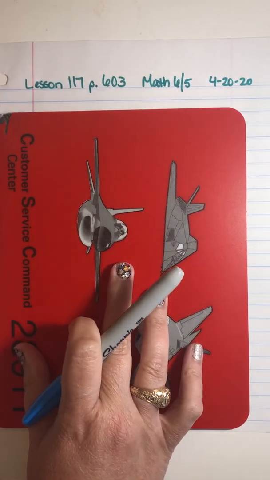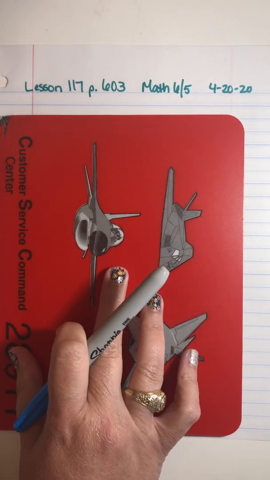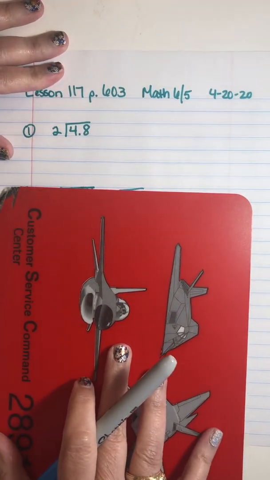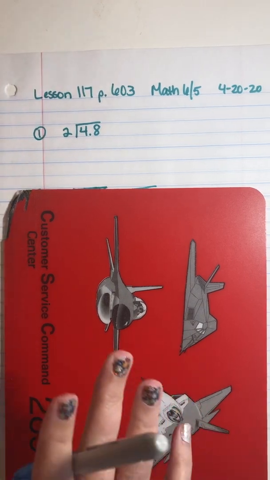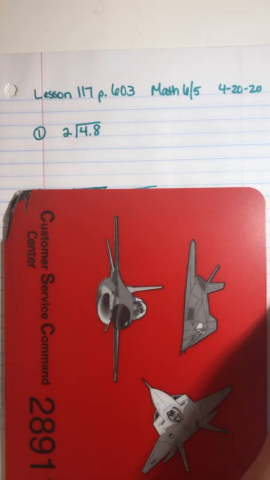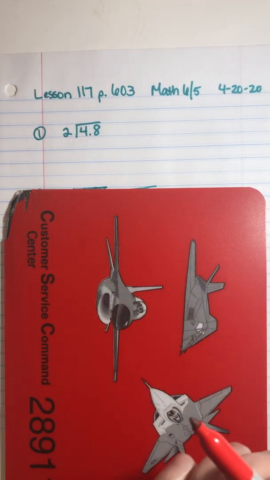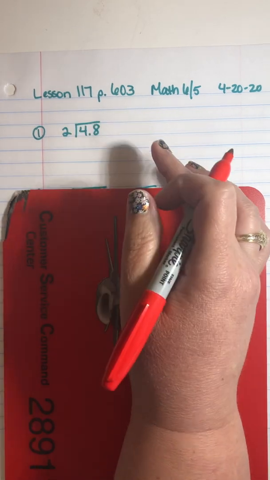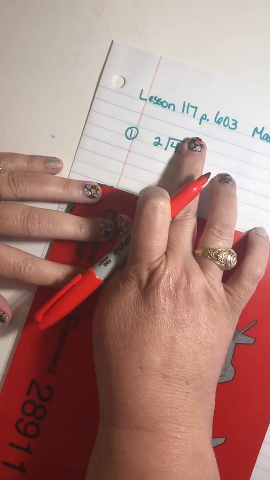All right, 117, we have our first example, 4 8/10 divided by 2. So when we start, we can cover up that 8 and start with the problem. There we go.